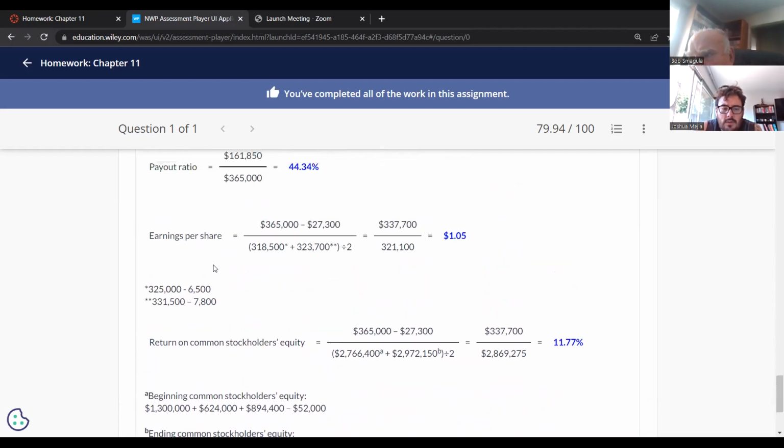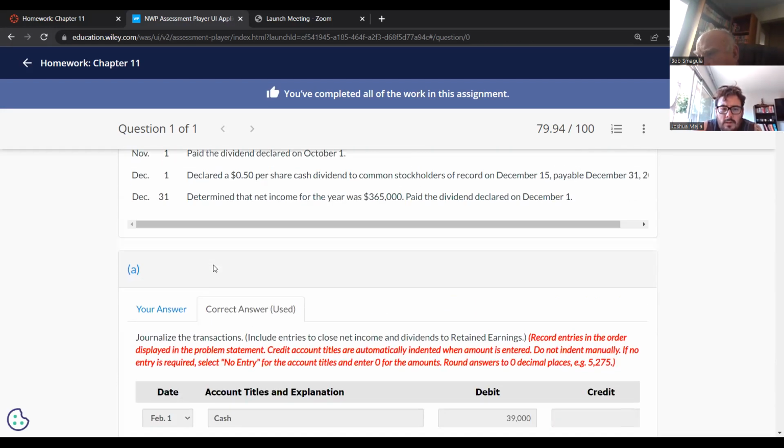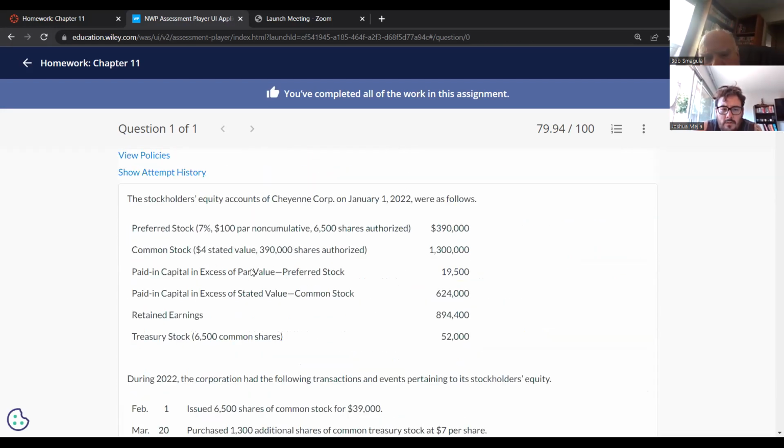Okay. Let me see. Which number did they omit from here then? No, because they got these two numbers added. They left out preferred stock. Yes. That was my mistake when I told you to add that in. Okay.